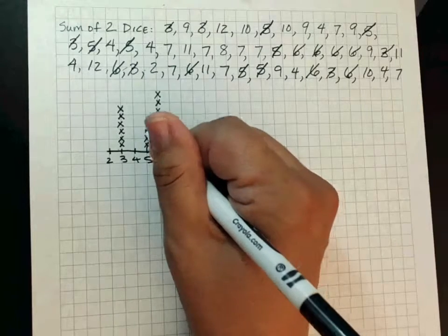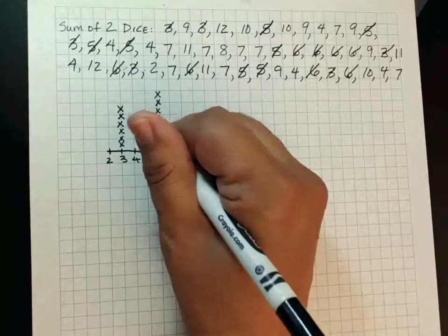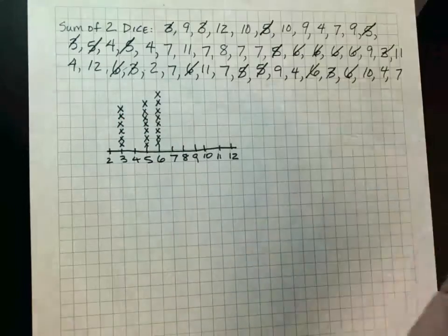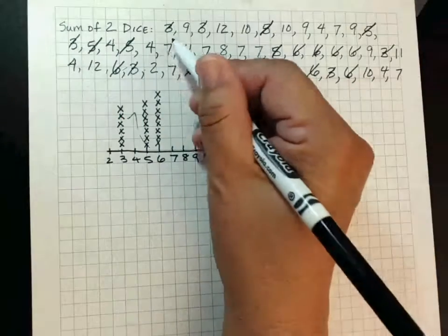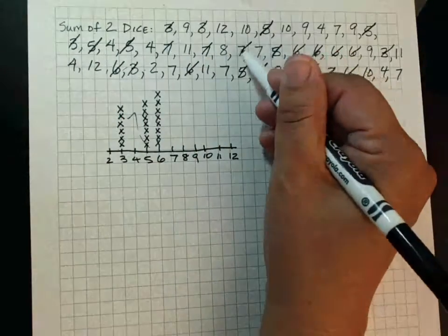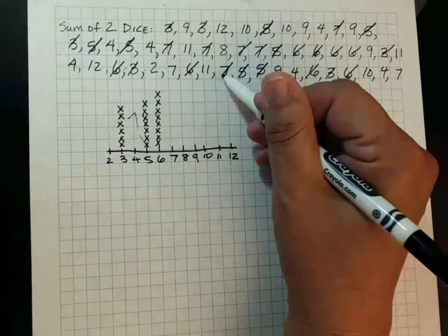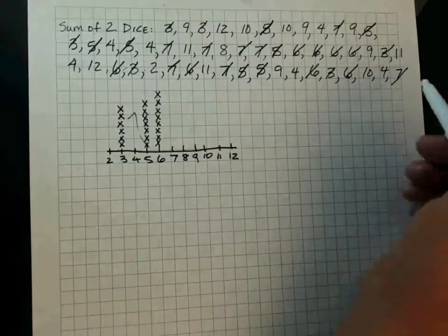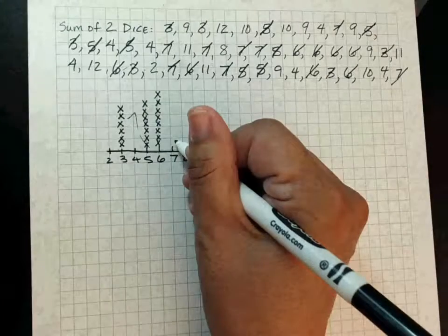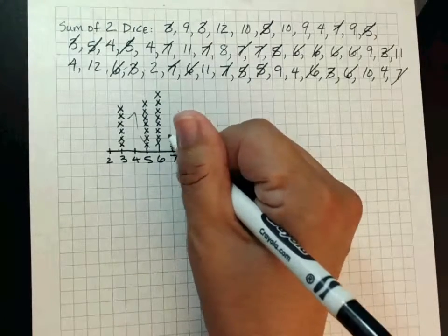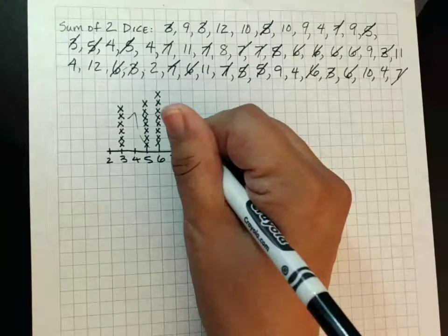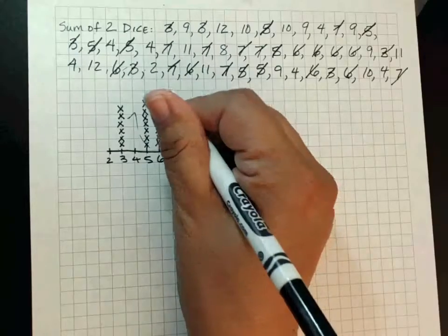Let's do our 7's. 1, 2, 3, 4, 5, 6, 7, 8. Looks like I have 8 7's.